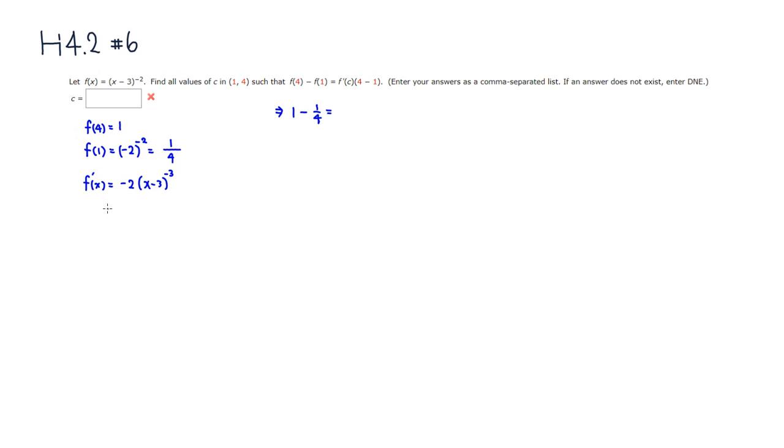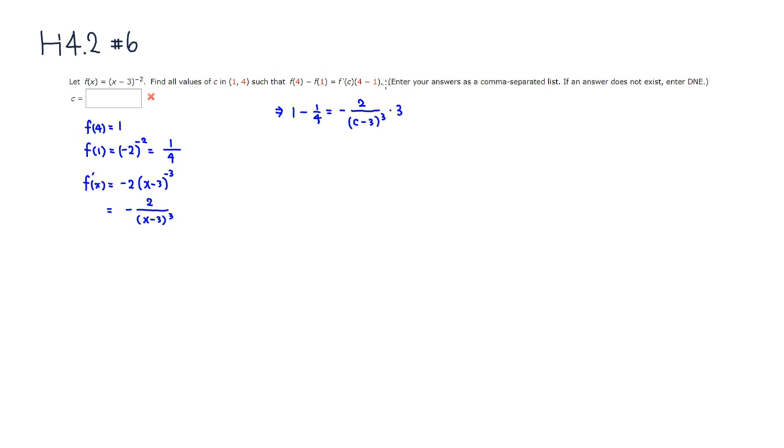So this is equal to negative 2 over the quantity x minus 3 cubed. So f prime of c is negative 2 over c minus 3 raised to the third power, times 4 minus 1, so it's multiplied by 3.